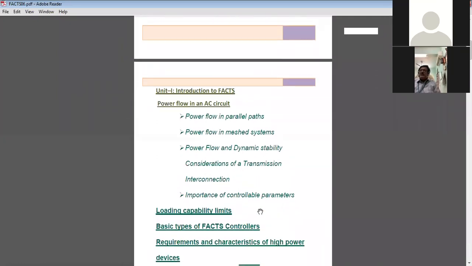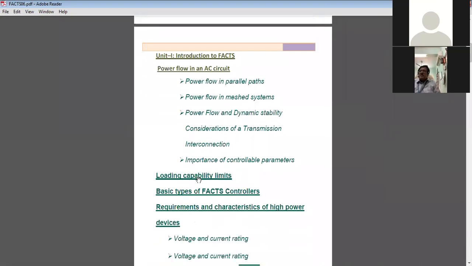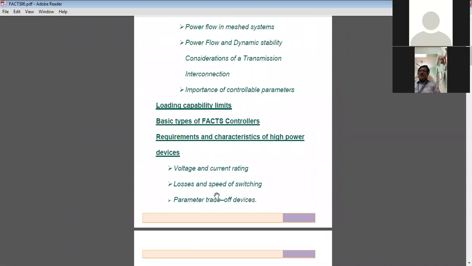These are the topics we have already discussed: power flow in AC circuit, loading capacity, limit of the transmission line and how it depends, basic types of FACTS controllers, and then in the last three simple topics we have seen requirements and characteristics of high power devices.